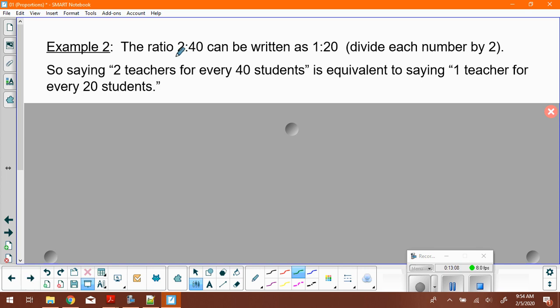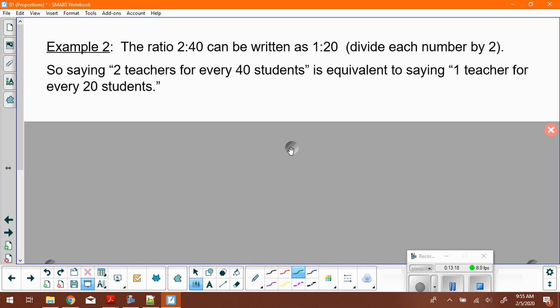So the ratio 2 to 40, this is example 2, can be rewritten as 1 to 20 if we divide each of those by 2. Saying that 2 teachers for every 40 students really means the same thing as saying 1 teacher for every 20 students.